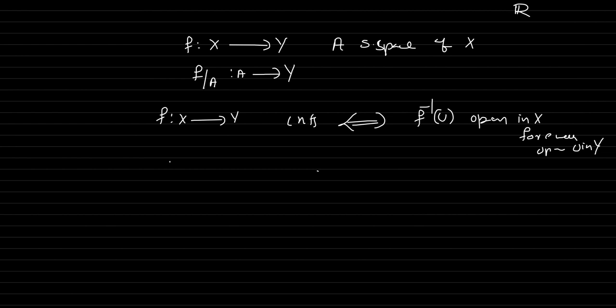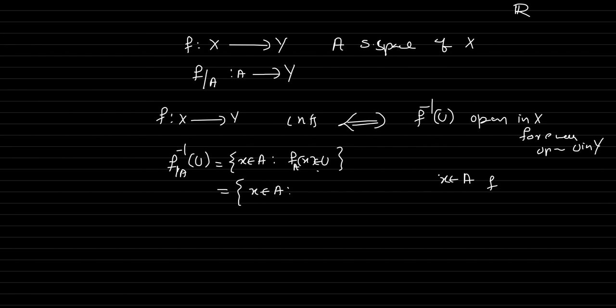Now consider f restricted to A inverse of U, and this is equal to the set of all x belongs to A such that f restricted to A of x belongs to U, and this is equal to the set of all x belongs to A such that, for every x in A, f restricted to A of x is equal to f of x.